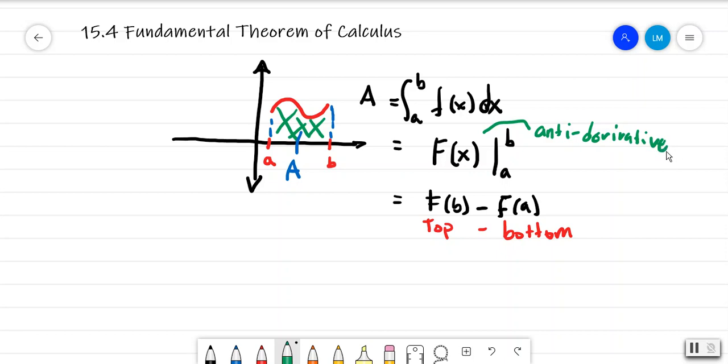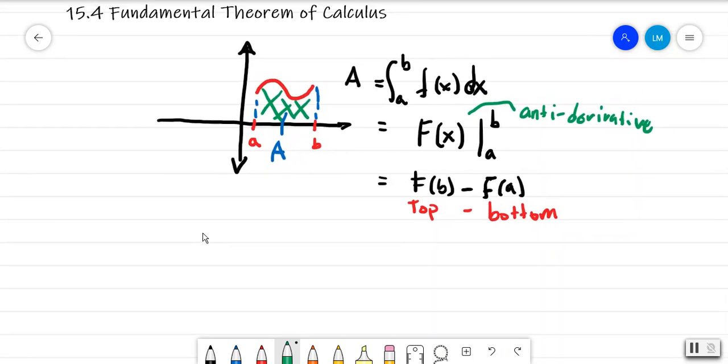Now, the easiest way to do this is by example, but before I do that, I need to specify that there are some properties you'll need when looking at integrals and using the fundamental theorem of calculus.